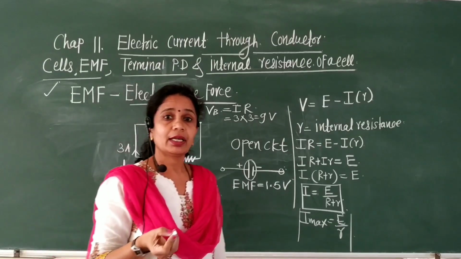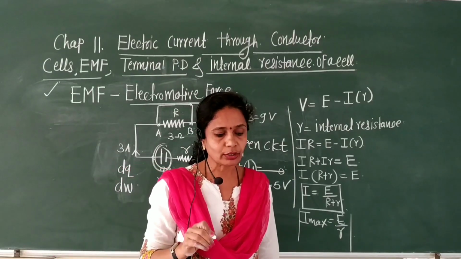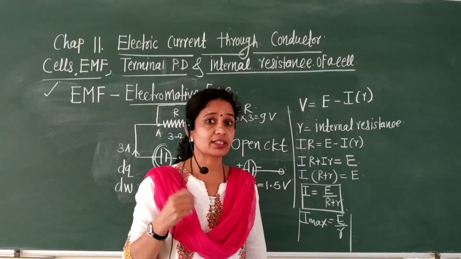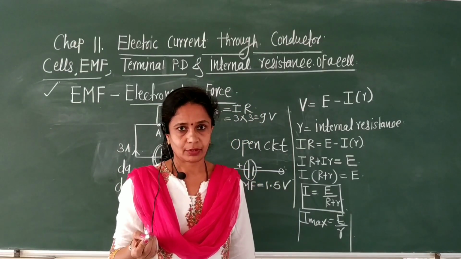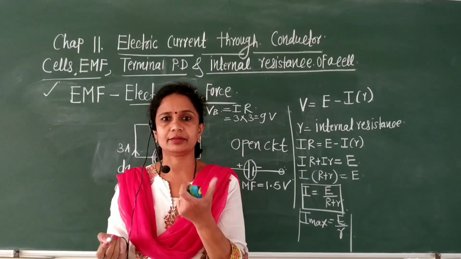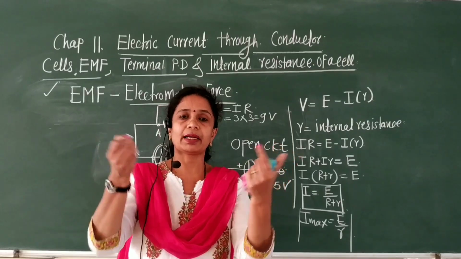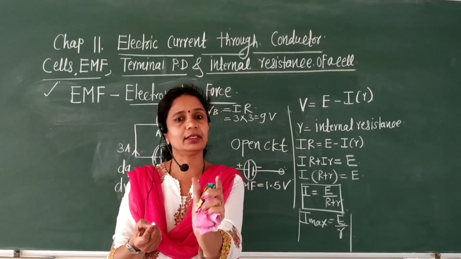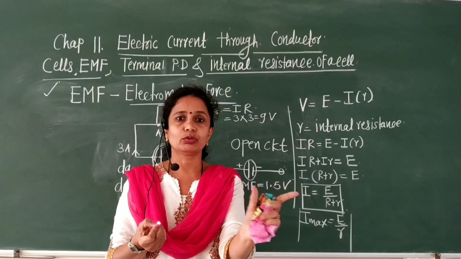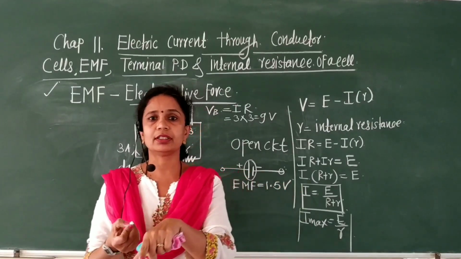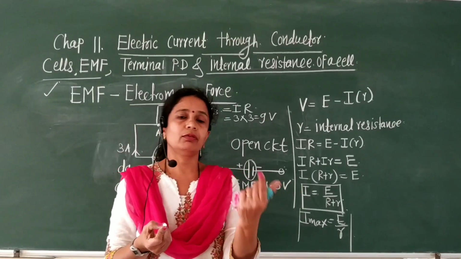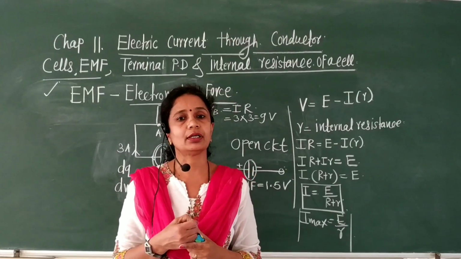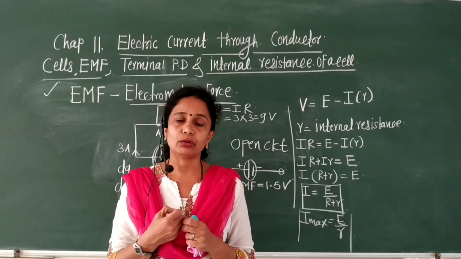If a cell is not connected to the circuit, only the cell is there. You have brought a cell from the market and there are two terminals, one positive, another negative. One is called the cathode and the second is called the anode.